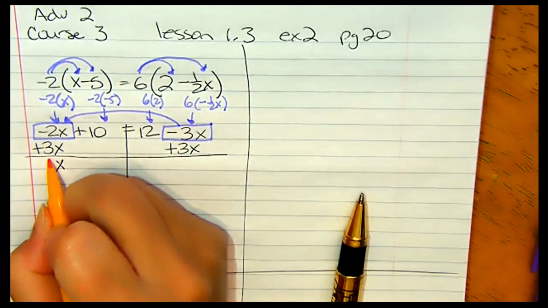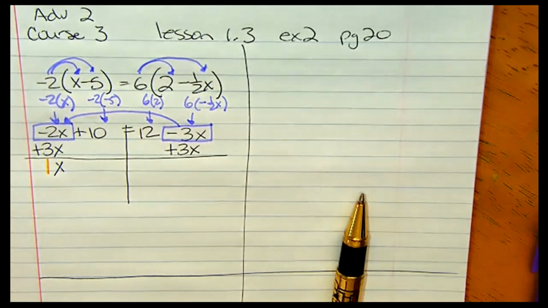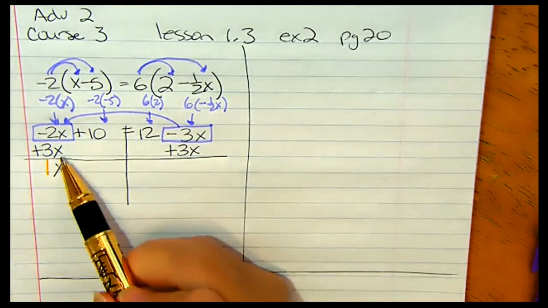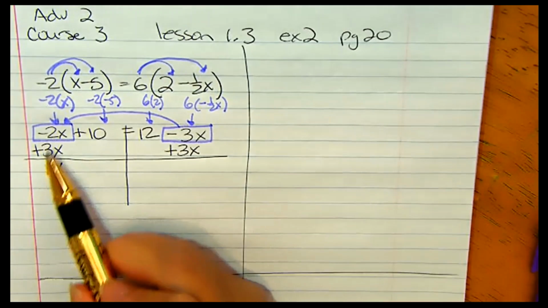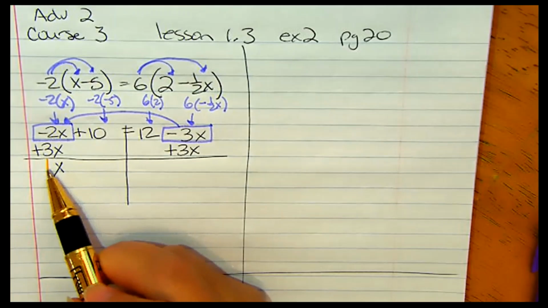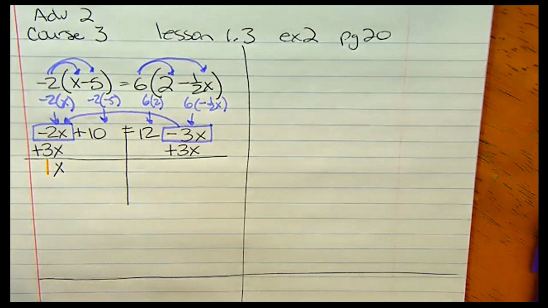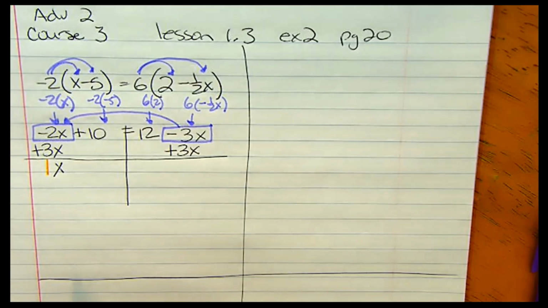Now, this 1 is implied. We don't typically write that 1 there. So when we have positive 3x minus 2x, we're left with positive 1x. That 1, we don't typically write it in. Okay? It's the same thing as just x.